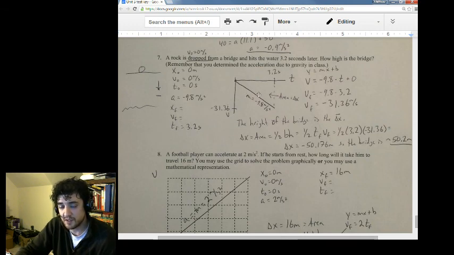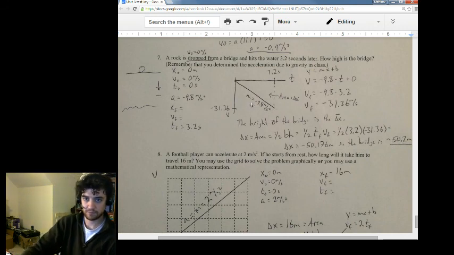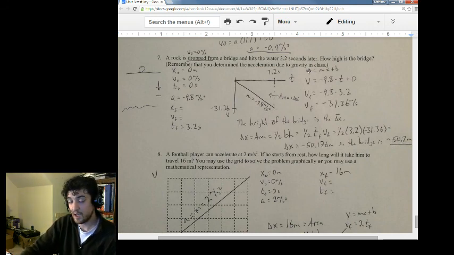So we draw our velocity time graph. I filled this in later. Initially, we don't know what this is, but we do know that at 3.2 seconds, it is going some velocity, and we do know that the slope is negative 9.8. So I've gone to the equation of this line, y equals mx plus b.